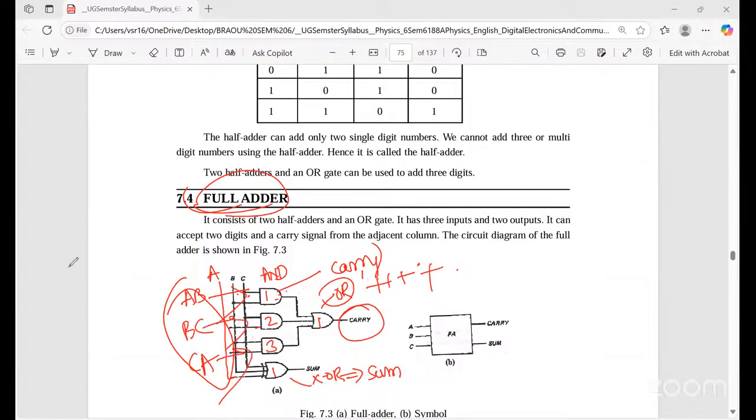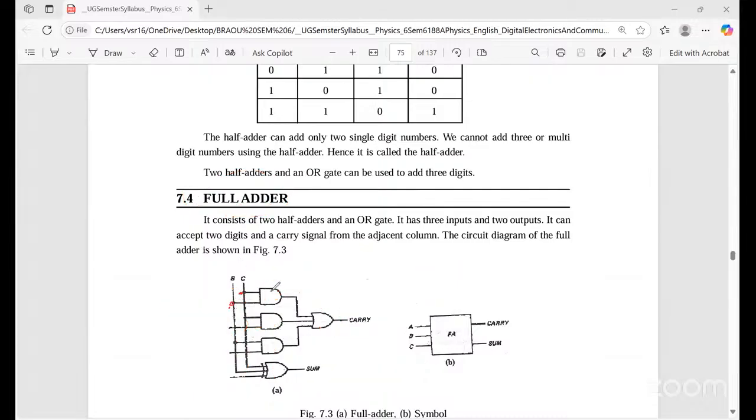The first gate is BC. Here C and B, the output is BC. Here C and A should be there. This is CA. This is AB.